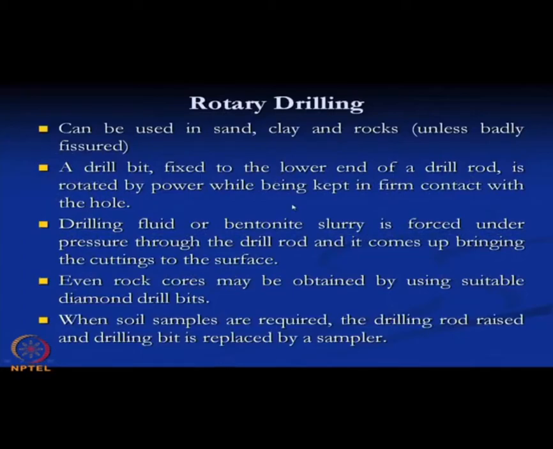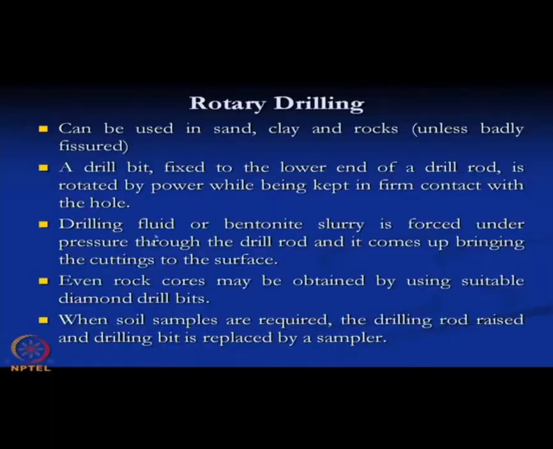And as I mentioned, wash boring gives a highly disturbed sample, so it is not suitable for determining the engineering properties of the soil. It is basically used for advancing a borehole, and whenever a soil sample is required, we can replace the bit by a soil sampler.